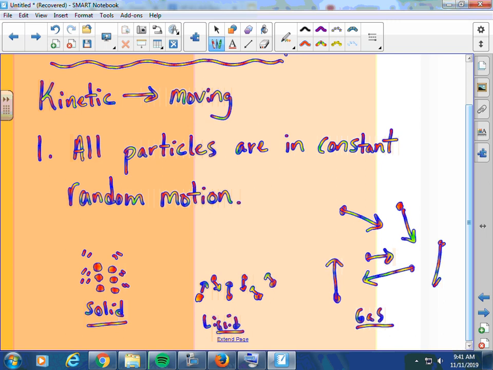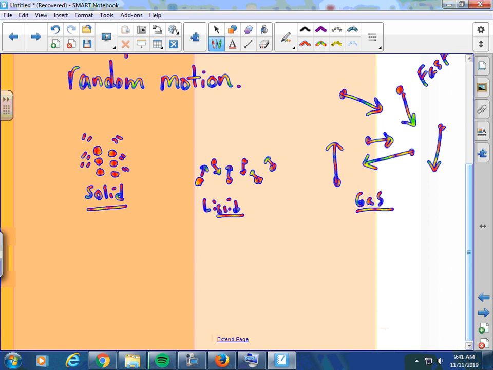Now the longer arrows show that those particles are moving fast, right? The speed of the particles is directly related to temperature, which is the second thing on kinetic molecular theory that I want you to understand.